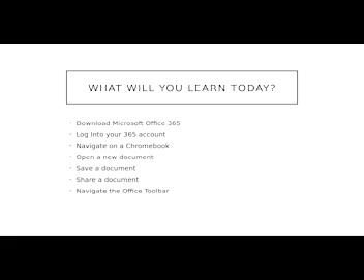We're going to talk about how to open a new document, so that's a Word, Excel, or PowerPoint, and we're going to save that document, and then we're going to talk about how to share that document. The last thing we're going to talk about is how to navigate the Office toolbar, which is where all the tools are required to edit or change your documents, such as fonts or text sizes.